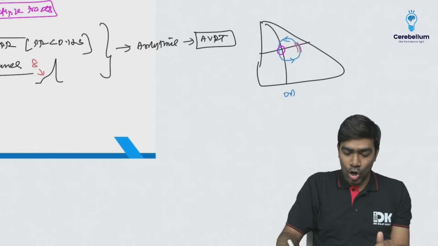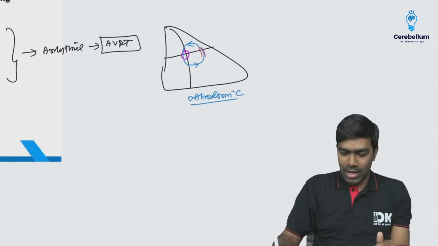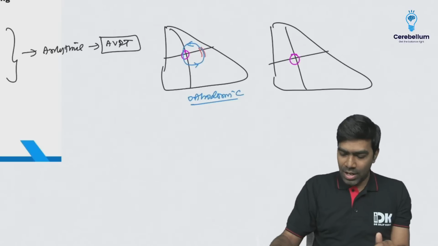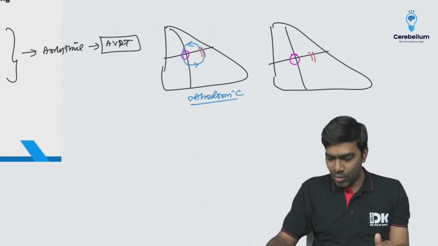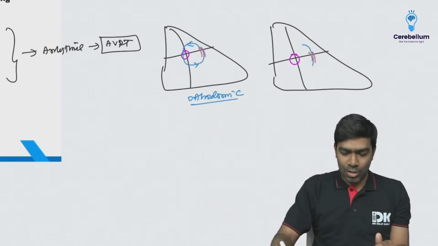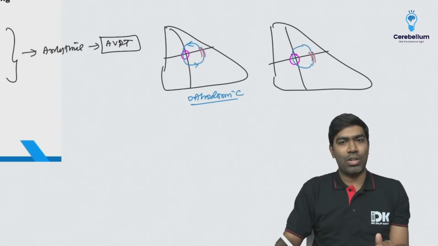This will be called as orthodromic conduction. On the other hand, if you're going to have, okay, other way around. Like if the circuit is going down the accessory pathway, and it's going to go up the AV node and come back to the atrium.